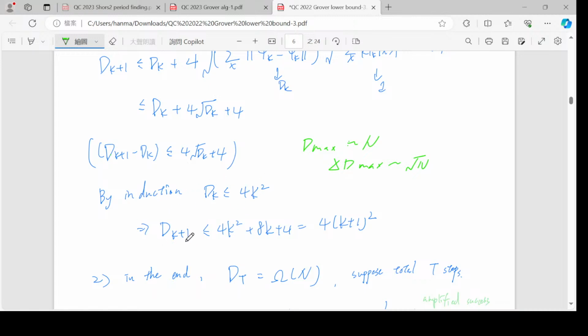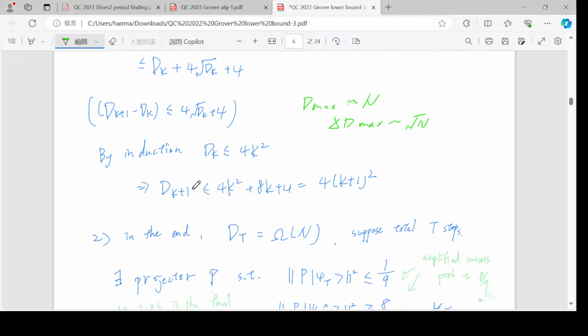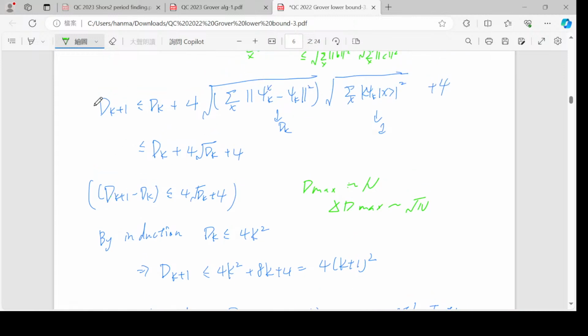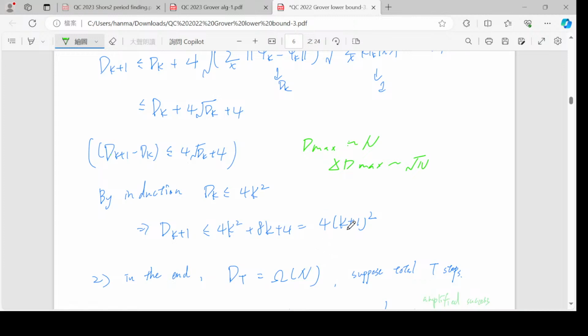Plugging everything in, d_{k+1} is at most 4k squared, plus 4 times the square root of 4k squared, which is 2k, so 4 times 2k equals 8k, plus 4. This is 4 times (k plus 1) squared. So this completes the induction step.